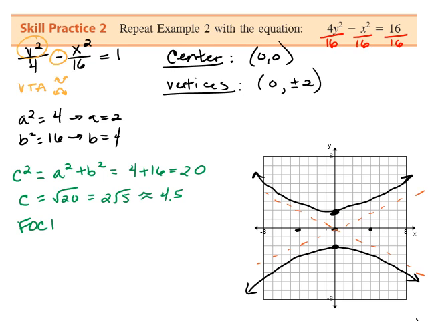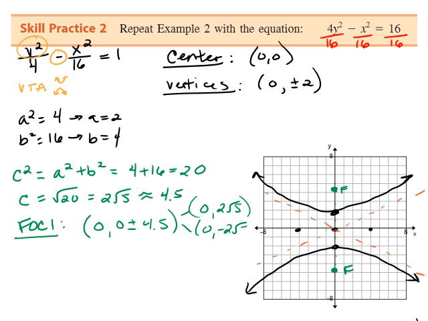So from the center, we're going to go up 4.5 units and down 4.5 units from the center. So my foci are going to be, well, we should probably give the exact value. So 0, 2 root 5, and 0, negative 2 root 5 for my foci.